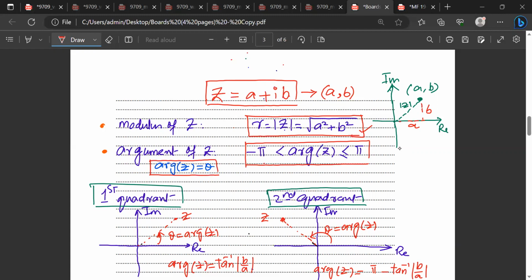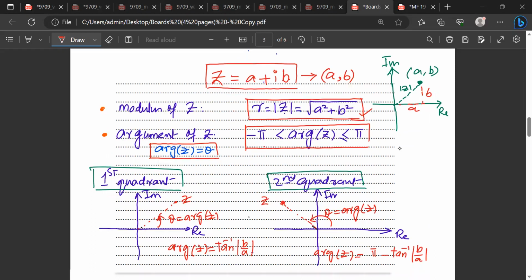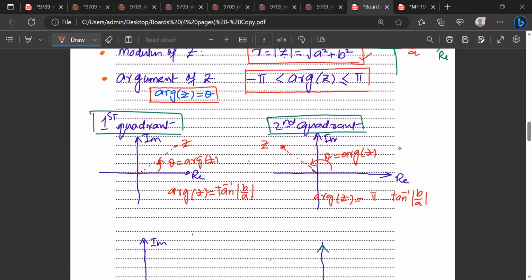Special care must be taken to find the argument, as the point can be in any quadrant: first, second, third, or fourth. So you will find the argument accordingly. If the point is in the first quadrant, the argument can be obtained by simply tan inverse of b over a.